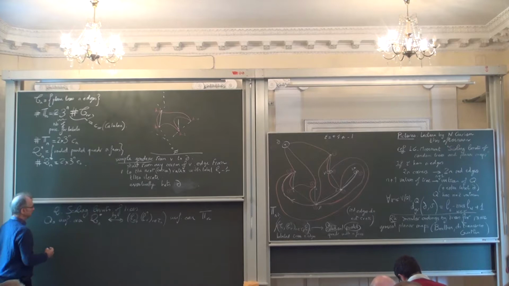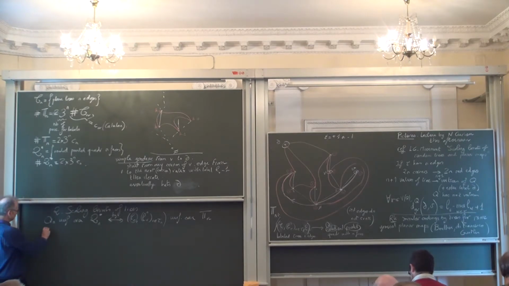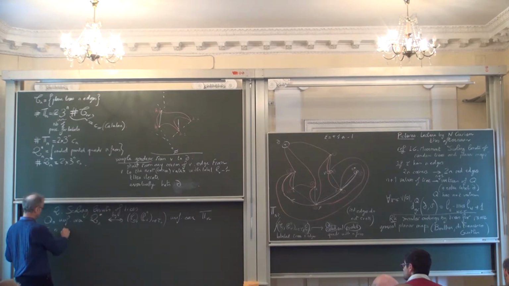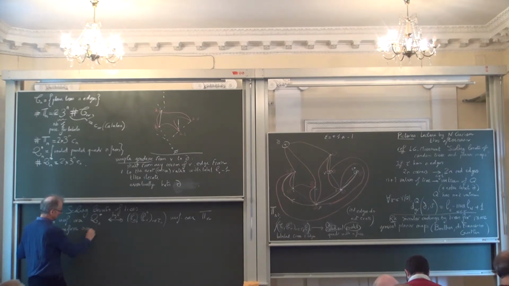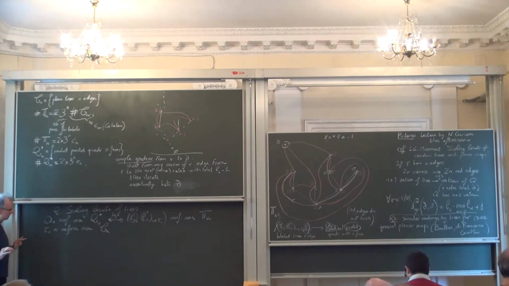So because of what I said earlier, τ_n is uniform over the set of all plane trees. Essentially we want to understand what the shape of a tree chosen uniformly at random in the space of all plane trees with n edges.